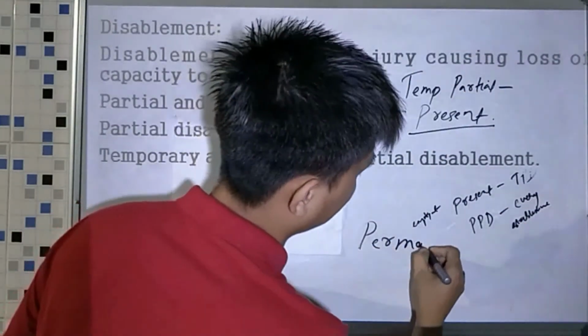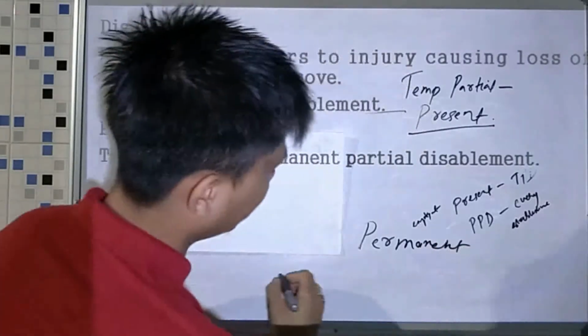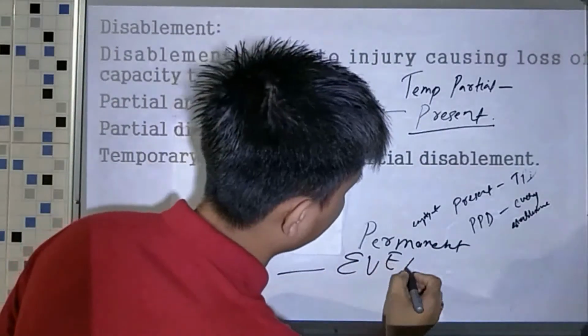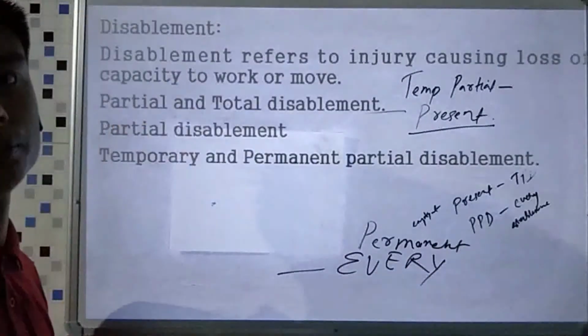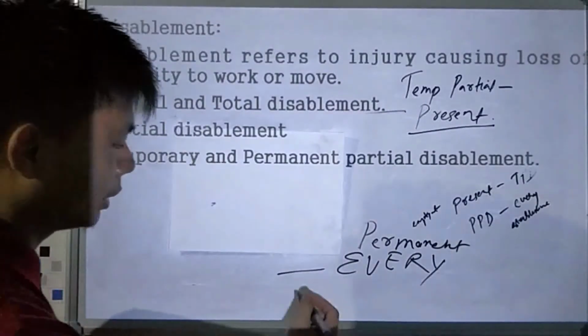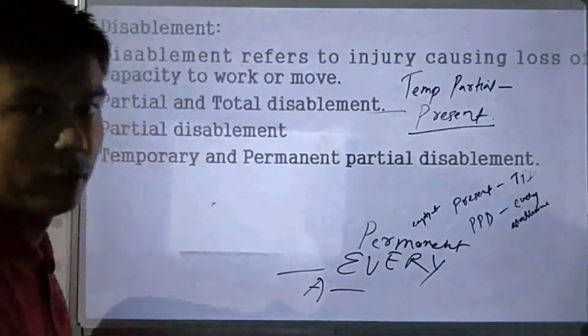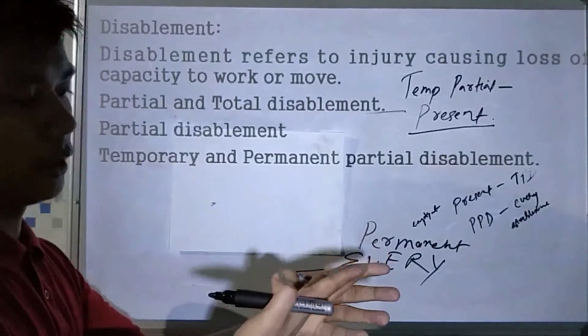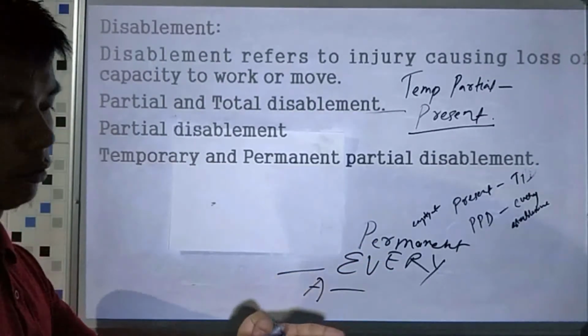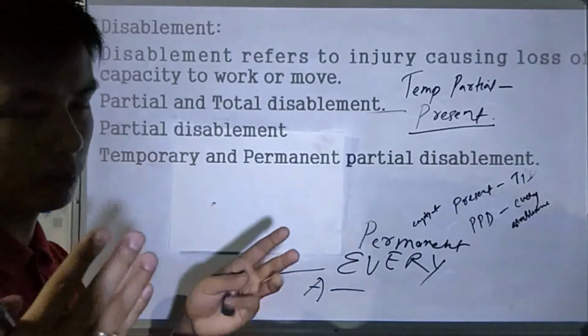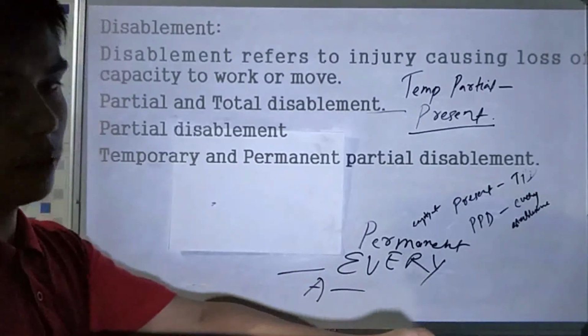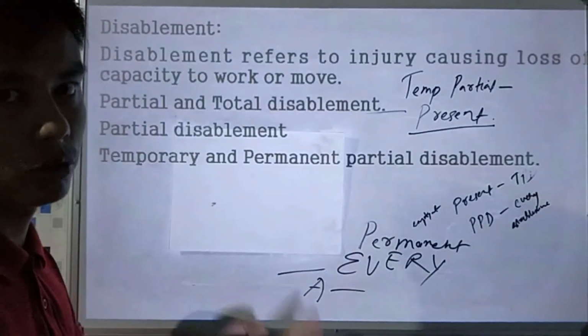Permanent talks of every establishment or every employment. Let's say he was working at A, and let's say he lost these 4 fingers, or let's say he lost a thumb. It's permanent, right? Can you get another thumb or fingers back? No, you can't.